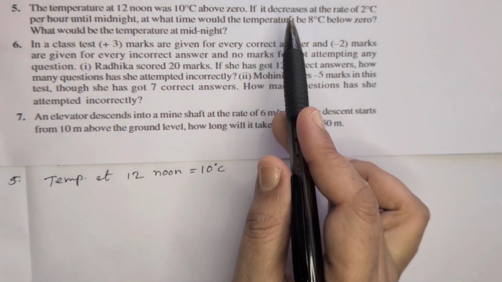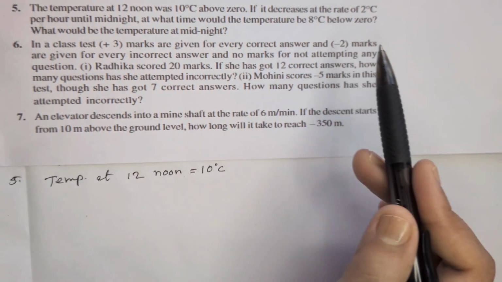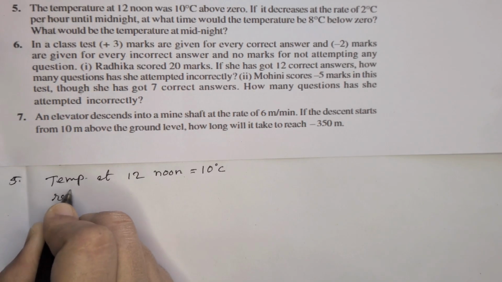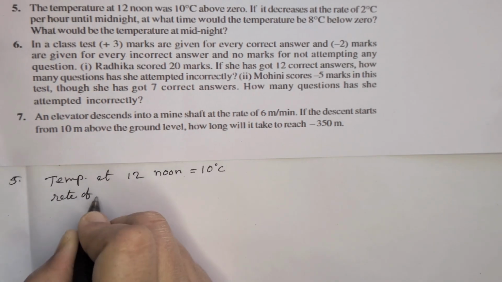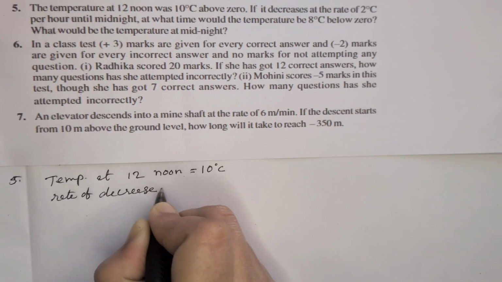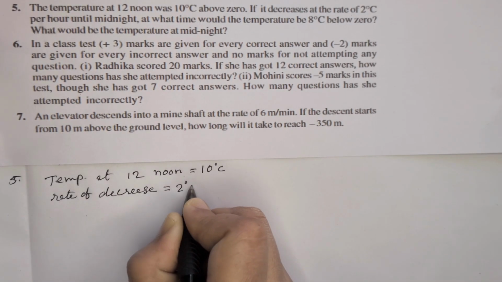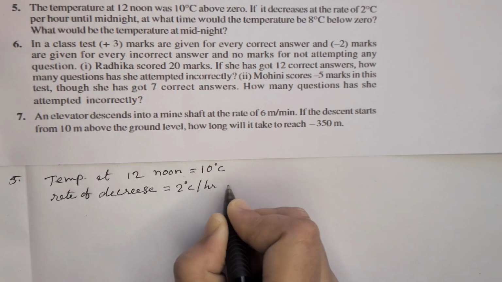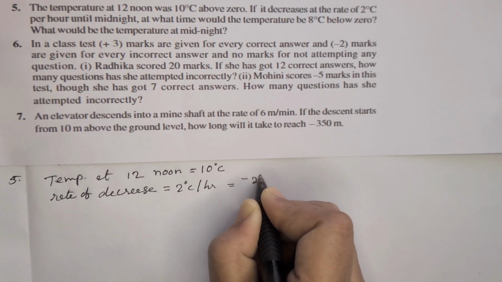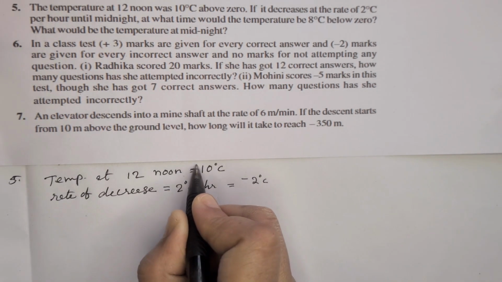If it decreases at the rate of 2 degrees Celsius per hour, decreasing means we can consider as negative integer.